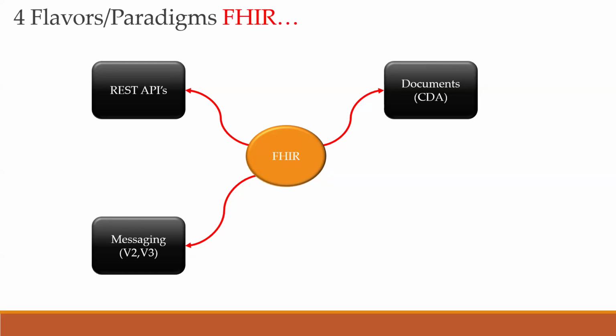Until FHIR becomes stable, people may not choose to have their HL7 V2 implementations done on or through FHIR. So people will still prefer to go with HL7 V2, and these two standards will coexist for a very long time.